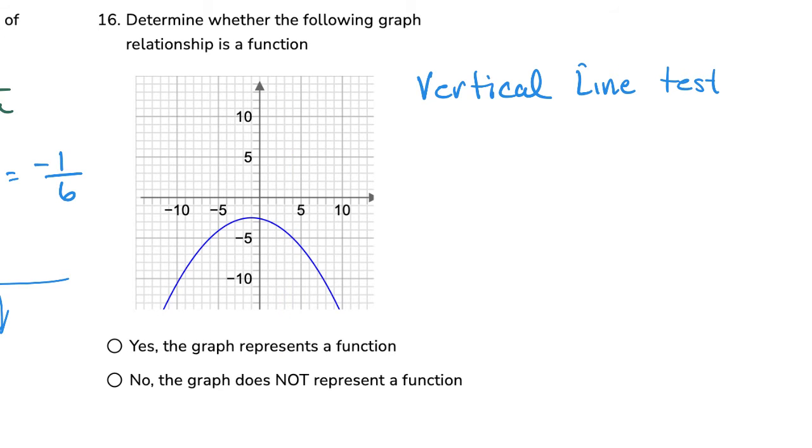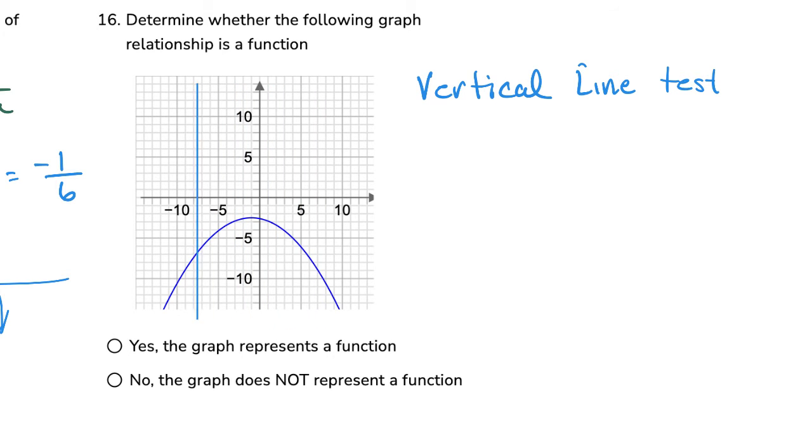See if it'll do this. There we go. So there's my vertical line. Now let's see if I can just kind of move him. So if I just move him. Anywhere I put that vertical line, it's only going to hit this graph in one single point.